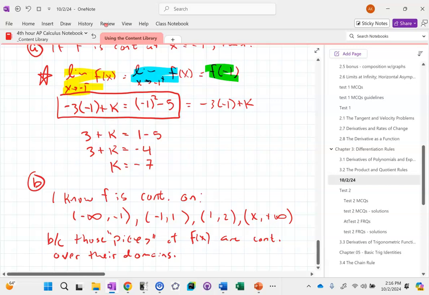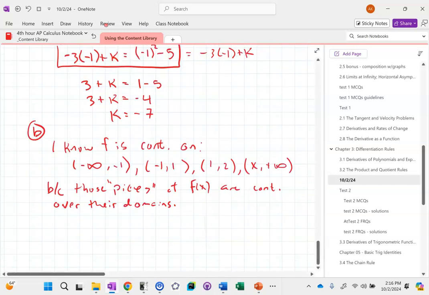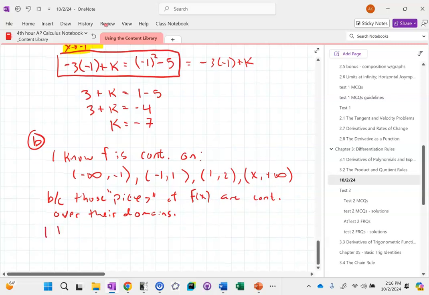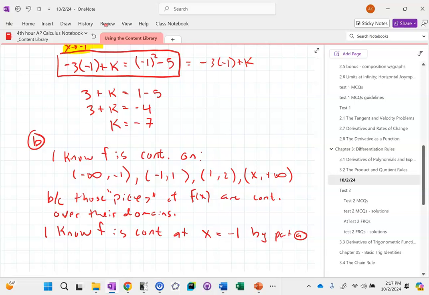So that's most of f, right? Just because I have a polynomial and an exponential. Those are all continuous functions. I know f is continuous at x equals -1 by part A. So all I'm left with is checking +1 and +2.